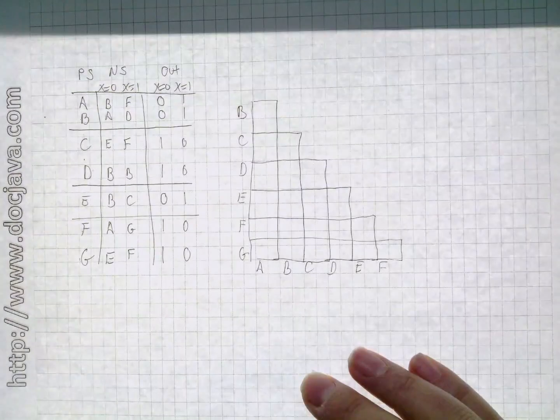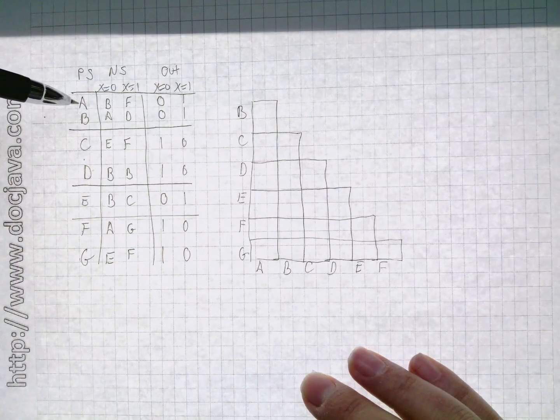And then I'll trivially reduce anything that has different outputs.